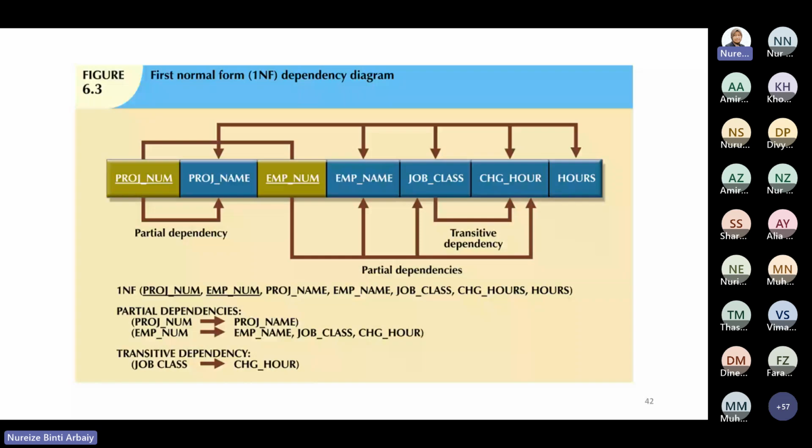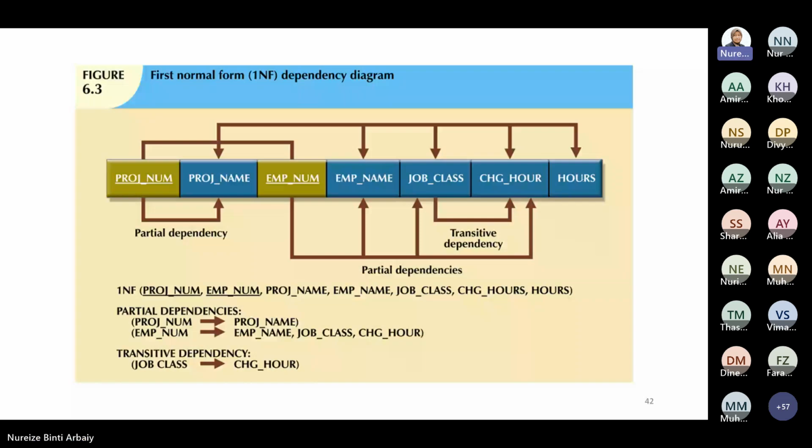In this case, project number determines the project name. Employee number determines the employee name, job class, and charge hour. And project number and employee number are combined as a composite key to identify hours.